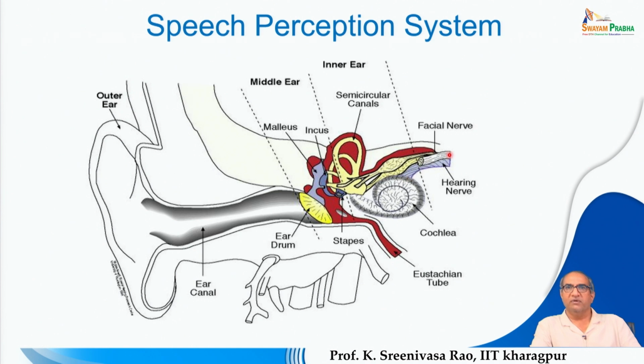Through the auditory nerve, the excitations that are produced here are coupled and reach the higher centers of the brain, where message comprehension takes place. We will see the details more clearly in a later slide. This is a cross-sectional view of the hearing mechanism, and most of you may have come across it in the lower classes.